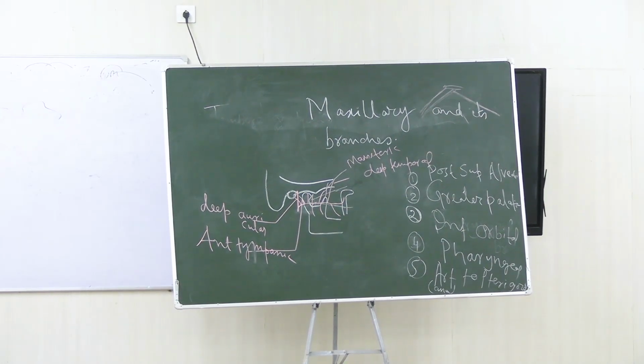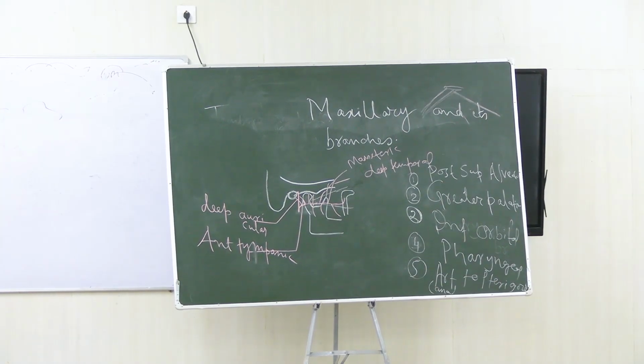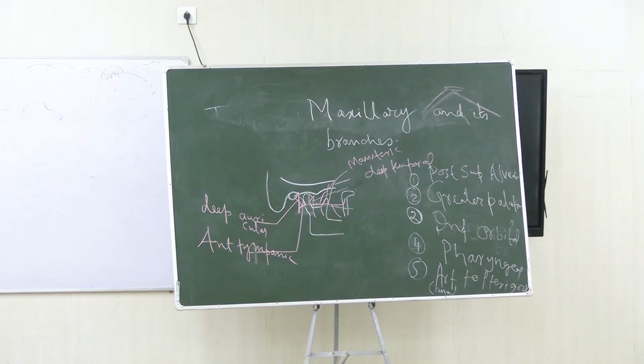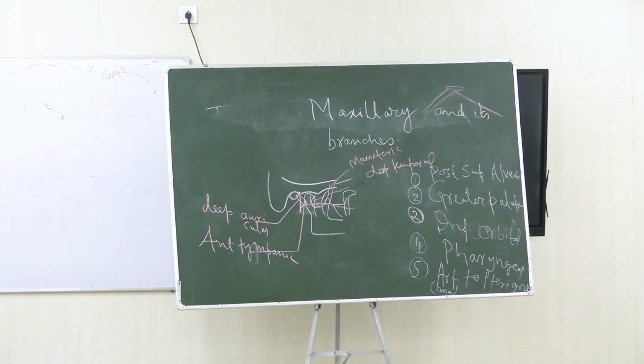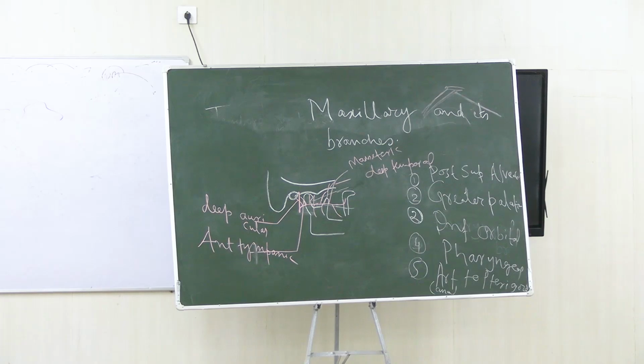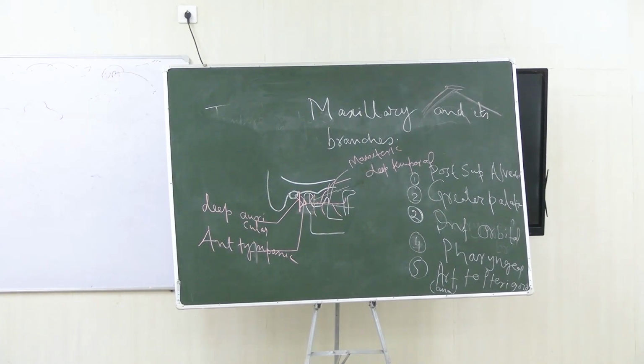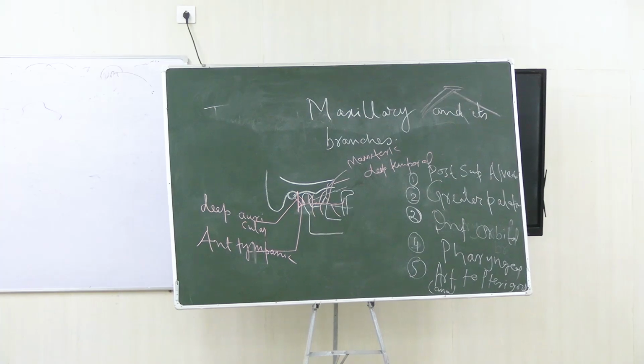Where will it drain? The maxillary vein and superficial temporal vein unite to form the retromandibular vein. Right.